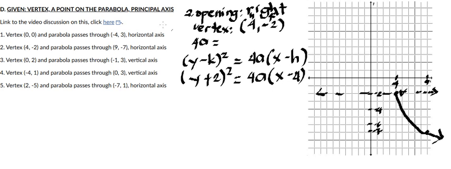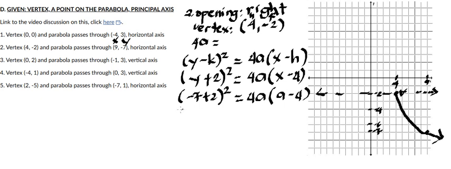Then we go back to the point. We replace our x with 9, our y with -7. Y here will be replaced with -7 plus 2 squared equal to 4a times x will be replaced with a 9 minus 4. And then simplifying, we have -7 plus 2 is -5 squared equal to 4a times 9 minus 4 is 5.